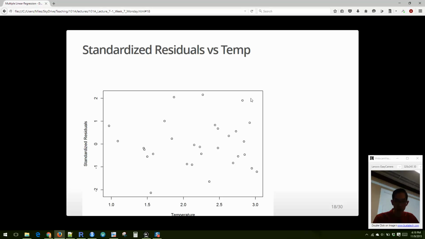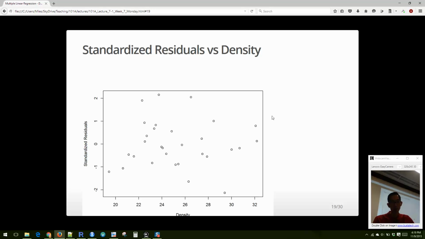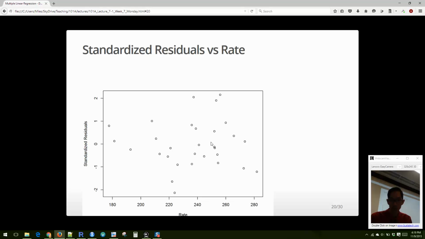There doesn't seem to be a U or any kind of shape here, and the pockets are not uniform across the different standardized residual plots. Here again, I'd be hard pressed to say there's any pattern in these residuals, or these ones as well. Overall, the patterns we saw in our standardized residuals before seem to be doing better here.